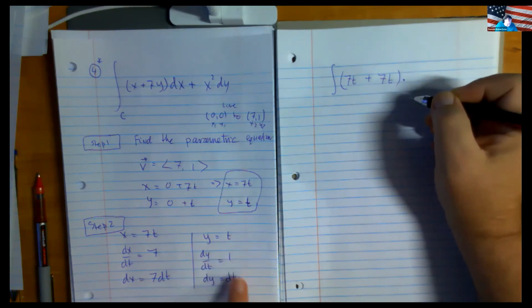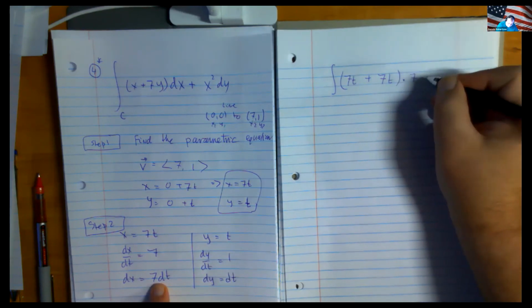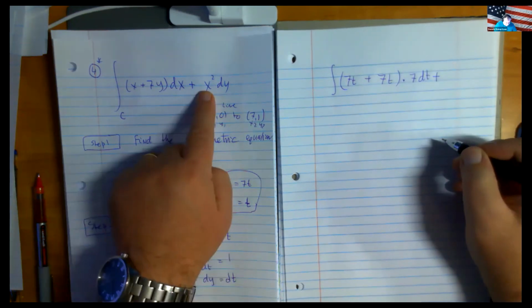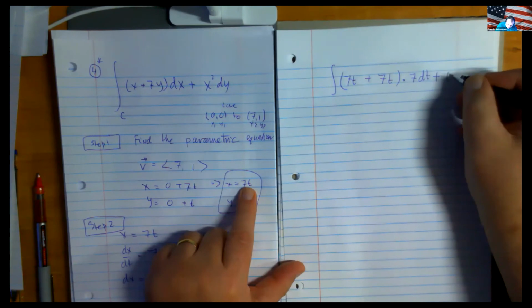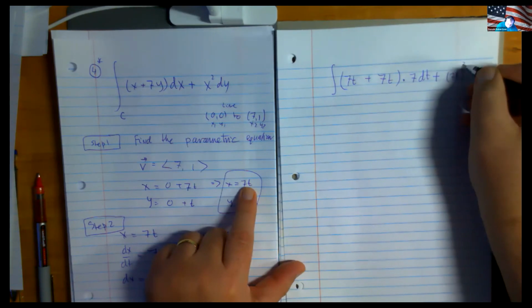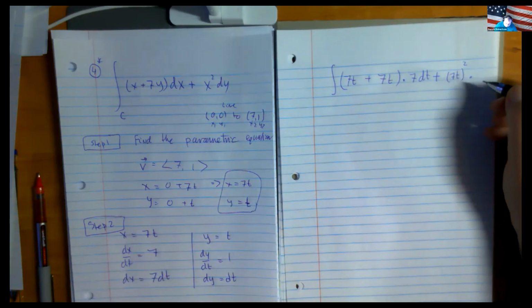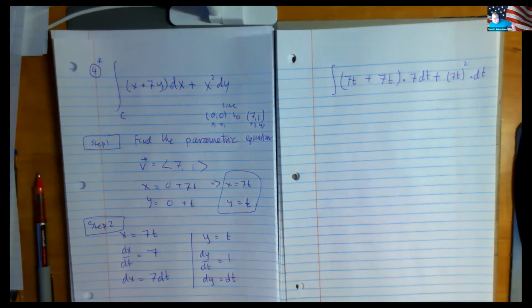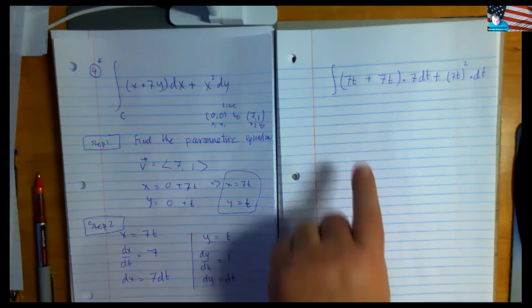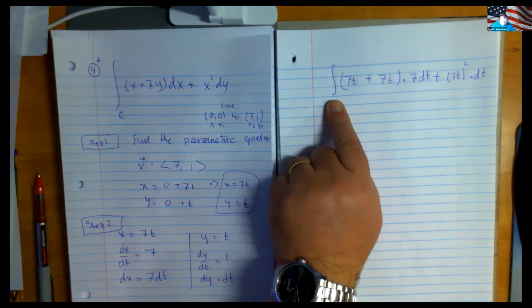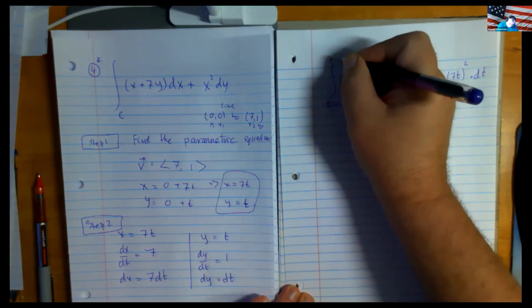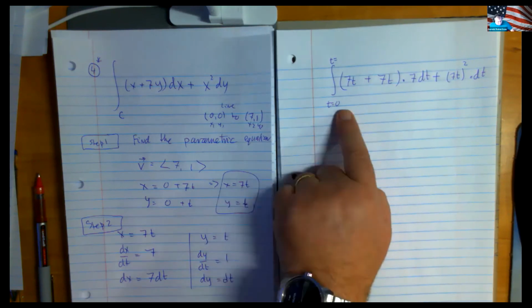Well, dx in this case is 7 dt, plus an x squared, which in this case is 7t squared, times a dy, which is just dt. So far, so good. Now, I need to know where to start, what t value to begin, and what t value to end. And I've actually told you at the start.